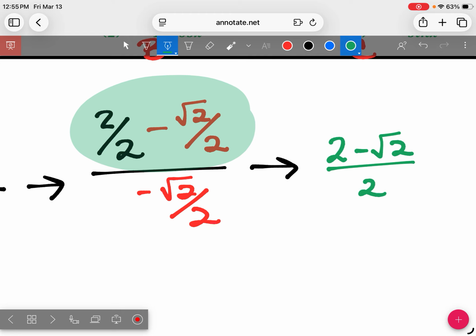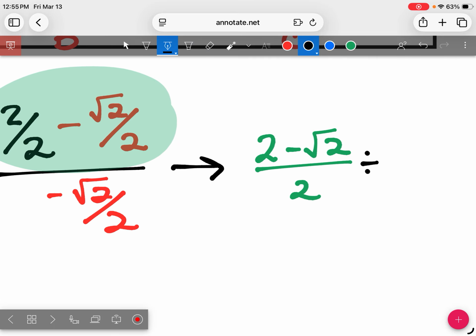And I'm going to divide that by my denominator, which is negative root 2 over 2. All right, how do you divide fractions? Yep, go ahead and do it. Keep, change, flip.